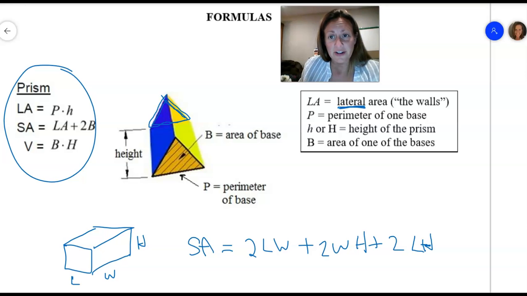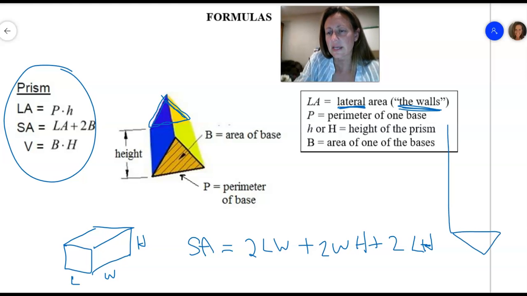But while we're here, I do want to point out that this lateral area, new vocabulary word, it's basically talking about the area of what would be considered the walls. Like if I were to take this triangular prism and I were to rest it like a Toblerone box standing tall on its little triangular base, okay? Oops, that's a triangle.